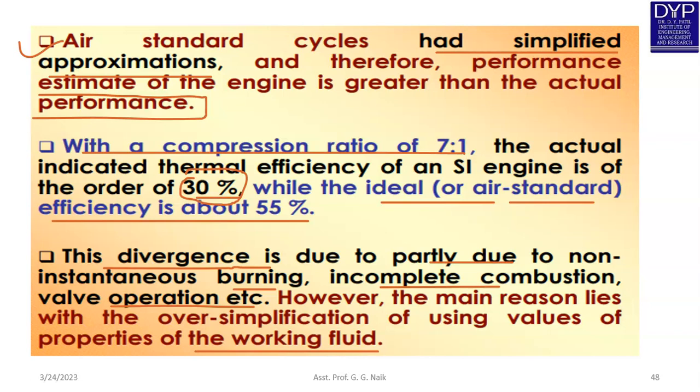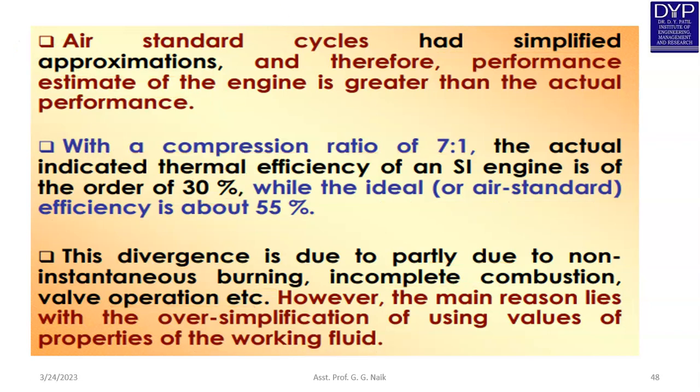Okay, so that is the main reason. So if the question is asked in the examination about the deviation between your actual cycle analysis and the air standard cycle analysis, you have to explain the assumptions made in the air standard cycle analysis, and we have to mention these particular differences. Okay, remember this point. This is a very important point.